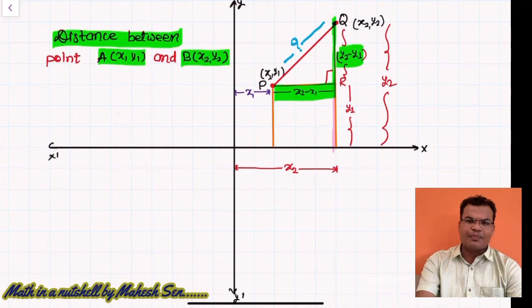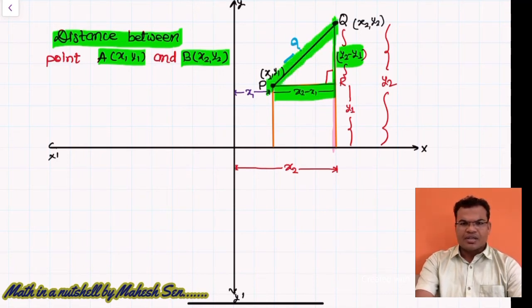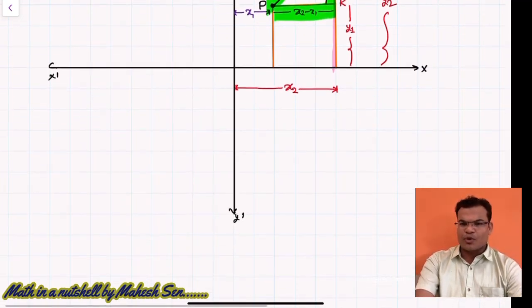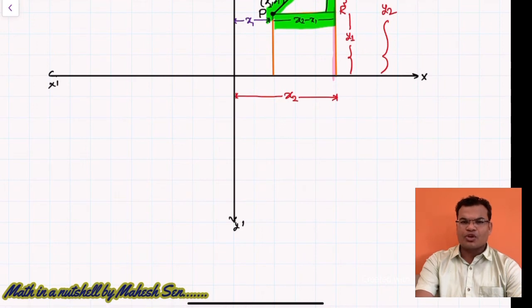So we are finding PQ. Apply the Pythagoras theorem. I'm writing here, by Pythagoras theorem we have h square, that is PQ square. PQ is the hypotenuse, so we will write here PQ square.